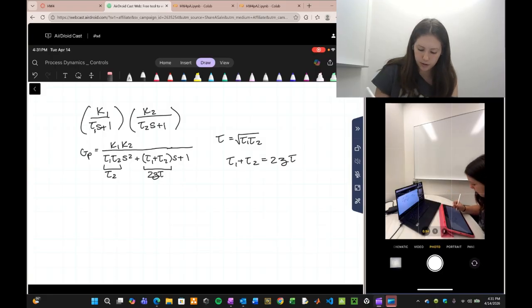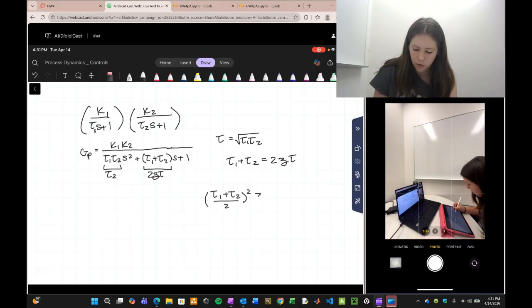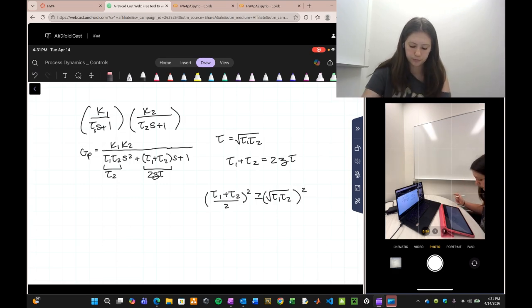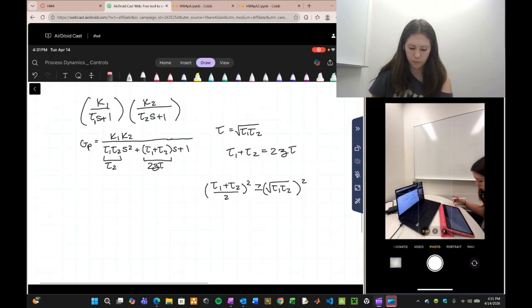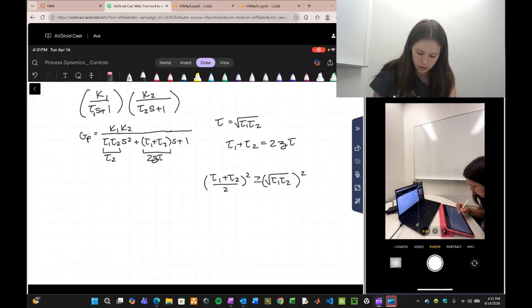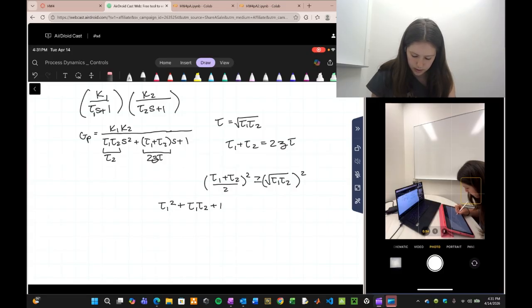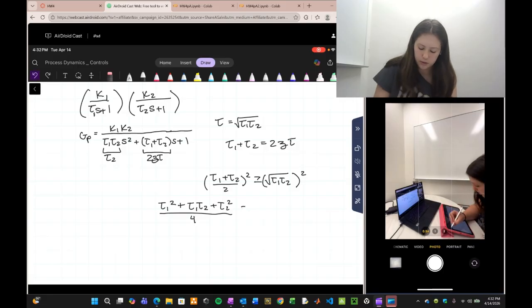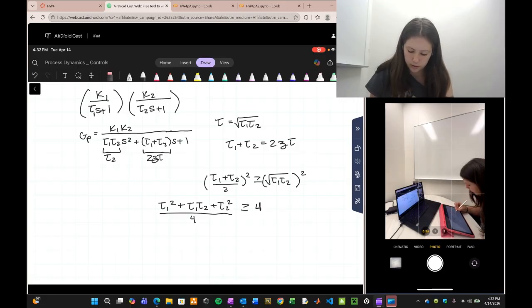So we can simplify this. Tau 1 plus tau 2 over 2, this squared has to be greater than or equal to the square root of tau 1 tau 2, also squared. And if we expand this, we get tau 1 squared plus 2 tau 1 tau 2 plus tau 2 squared over 4 has to be greater than or equal to tau 1 tau 2.